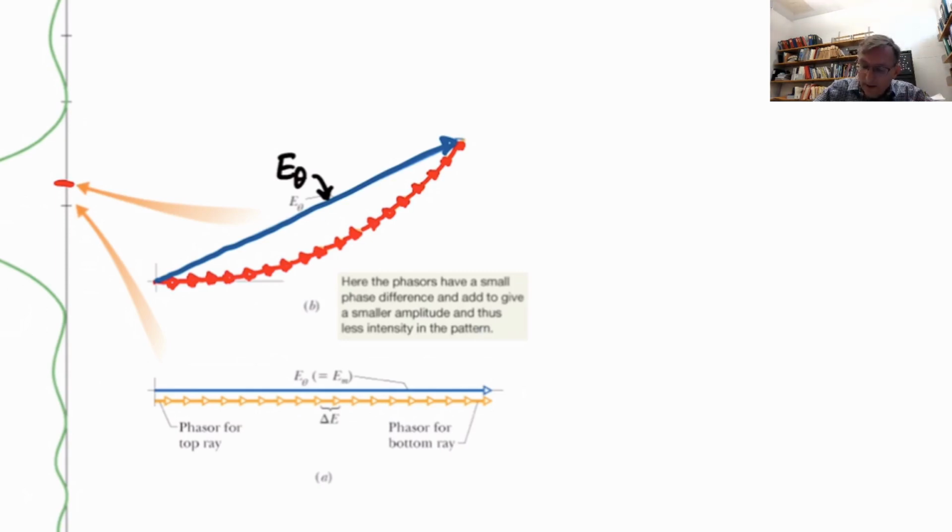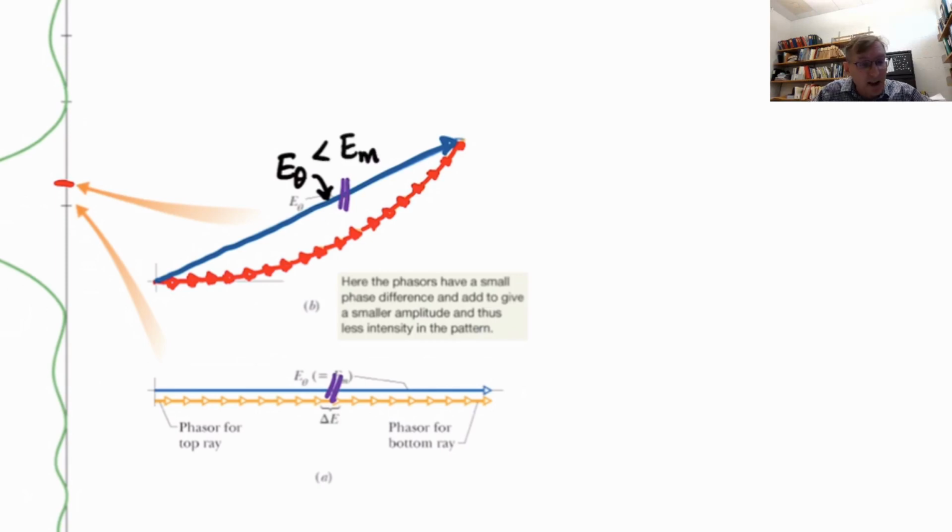And I think it's pretty clear that this length here is smaller than this length down here. Okay? Because those phasors curve up a bit instead of going straight across. And so when you sum them, you don't get quite as long a vector as you did in the E max case. So this E theta is less than E max in this case.